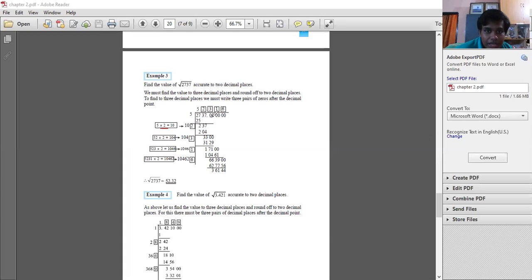If you want, we have taken the zeros to make it the normal division method. I don't need to teach the normal division method here. So basically they have taken it from that and found 57.